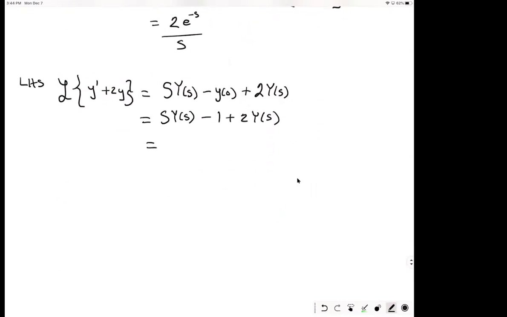Then I can rewrite this as Y of s times s plus 2, just factoring out the Y of s common term, and that leaves me with s plus 2 and then minus 1.